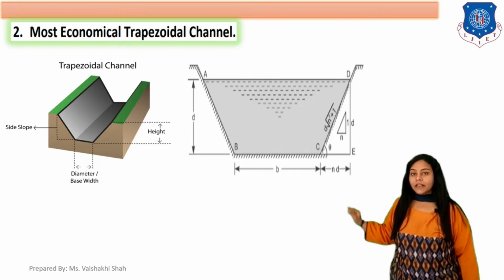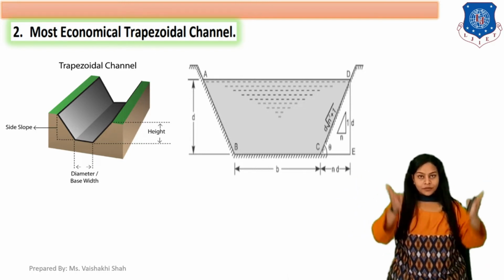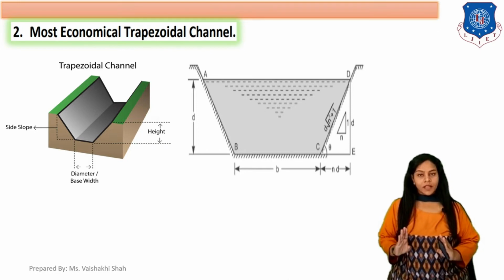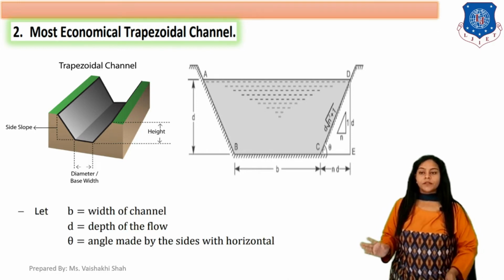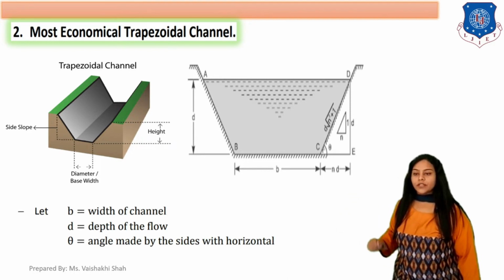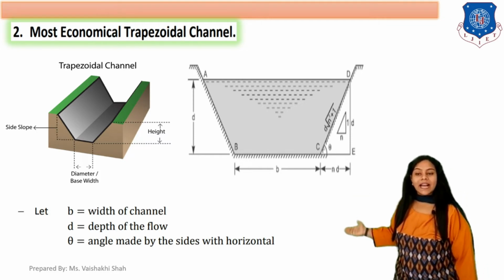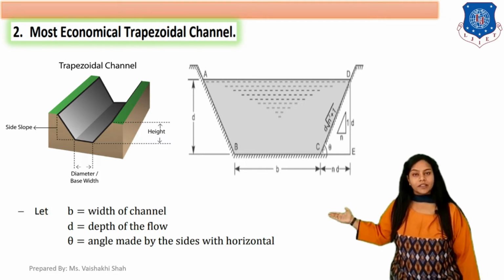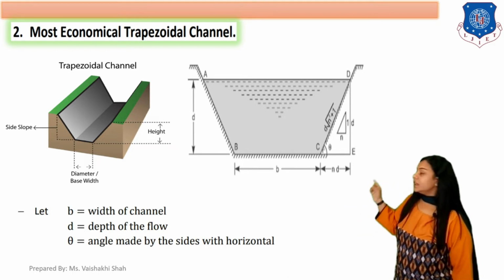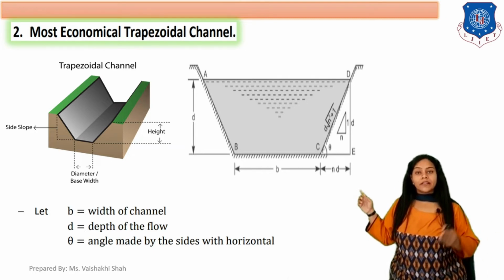Here B is the width of the channel, D is the depth, and theta is the angle made by the sides with the horizontal. Remember this figure clearly, as we will use this diagram in the remaining theory.